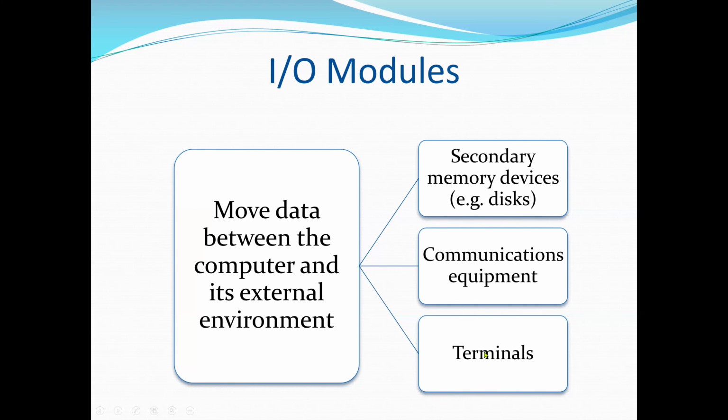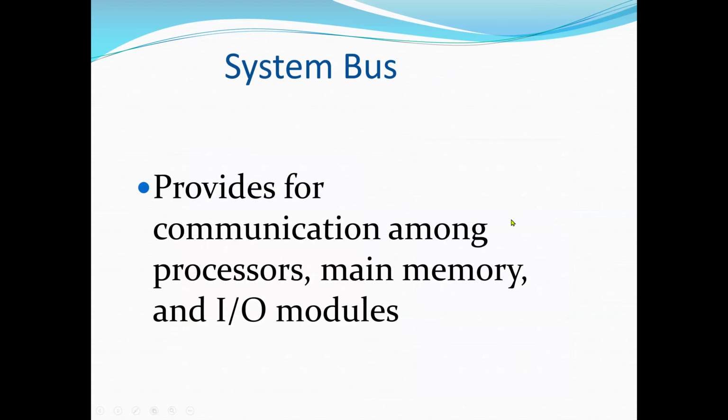So the external environment consists of different types of devices. It can be the secondary devices. It can be communication equipment such as a network interface card or any communication devices, for example, the modem. It can also be the terminals.